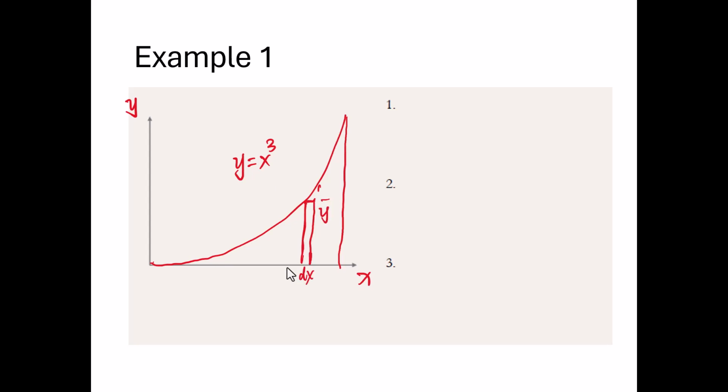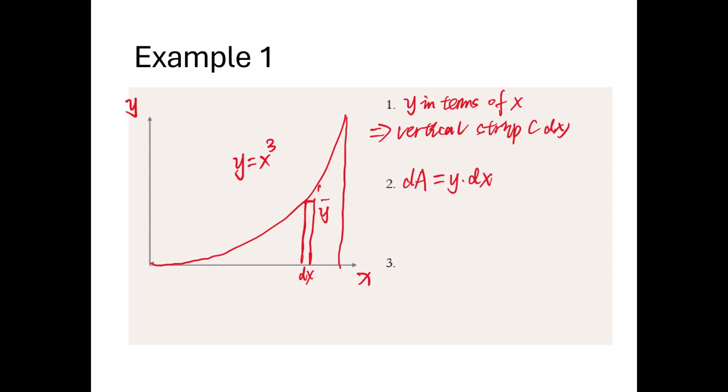So first, y is expressed in terms of x. Here we can use a vertical strip, which is dx, and dA will be y times dx, which is x cubed dx.